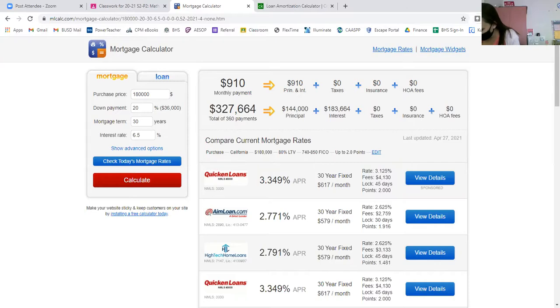And then the total interest over the course of the loan is $183,664. So notice in this situation, his loan is less than his interest. Just keep that in mind. This is a high interest rate for a house.